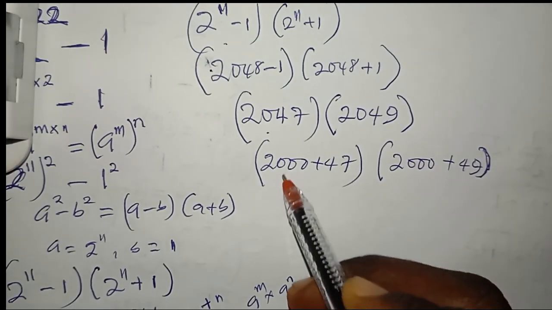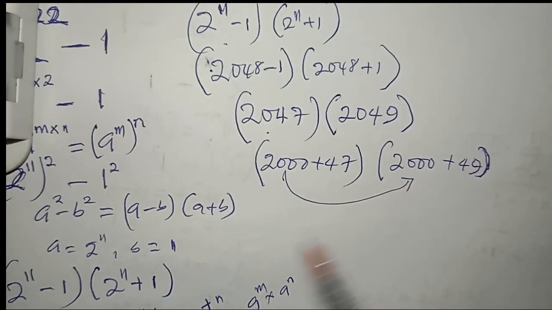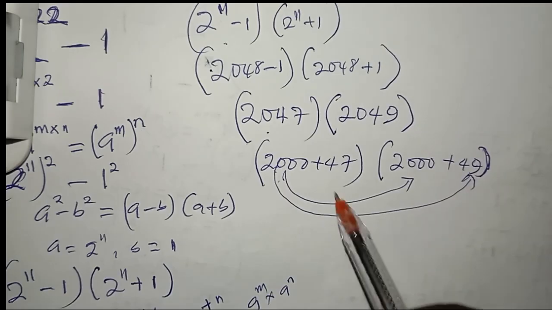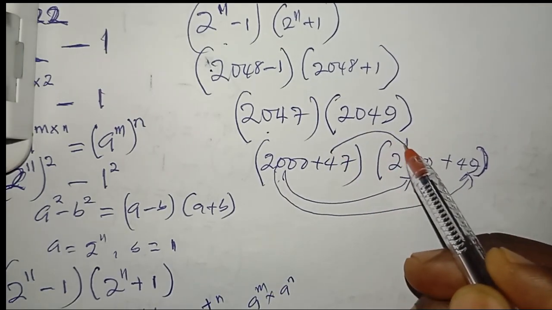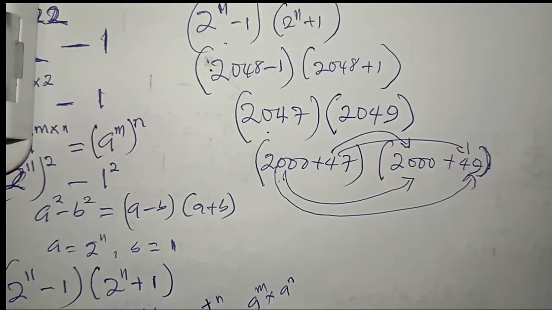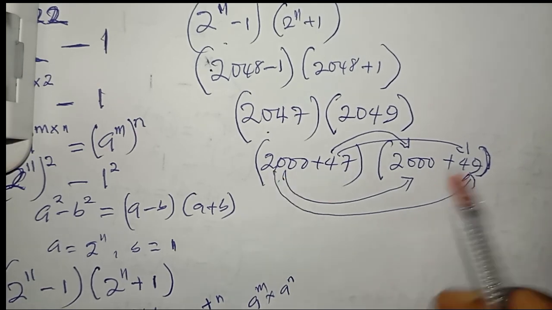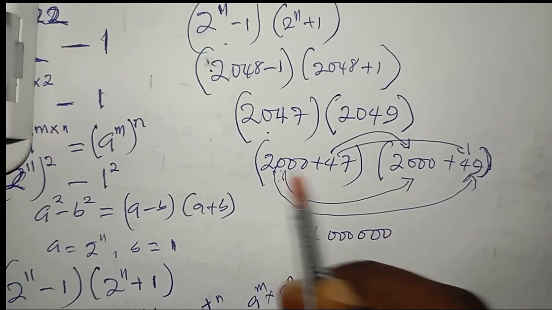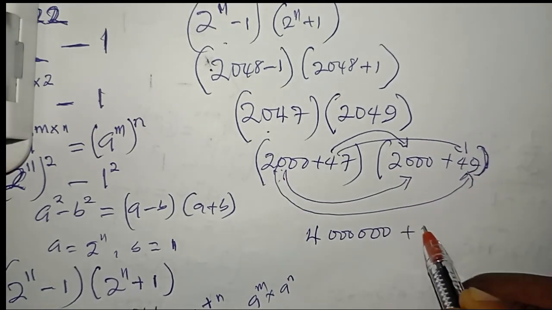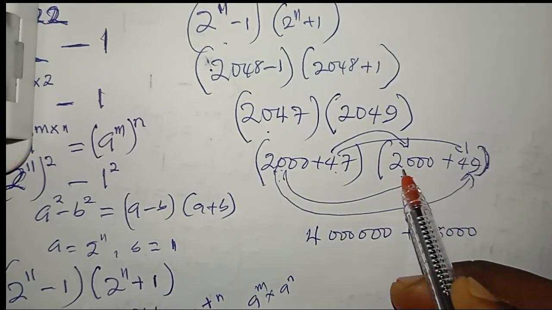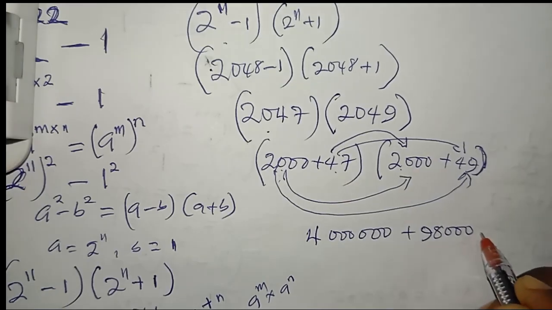How do you do that? You first use this 2000 to multiply this 2000, and then use the same 2000 to multiply this 49. Next you use this 47 to multiply this 2000, and then use the same 47 to multiply this 49. Once you're done, you can add it up. 2000 times 2000 will give us 4 million. 2000 times 49 will give us 98,000. 47 times 2000 will give us 94,000.